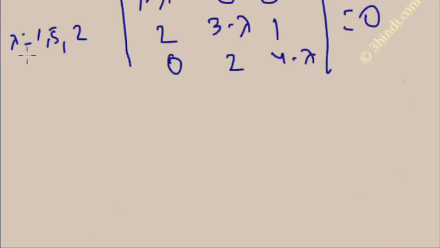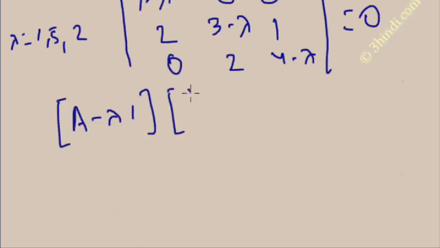Put for one value of eigenvalue, 1. I will find the eigenvectors, meaning A minus lambda I into x, where x means x, y, z, is equal to 0, 0, 0.